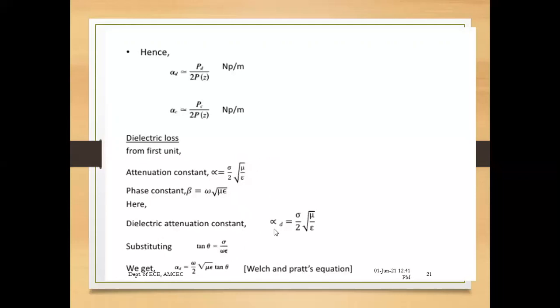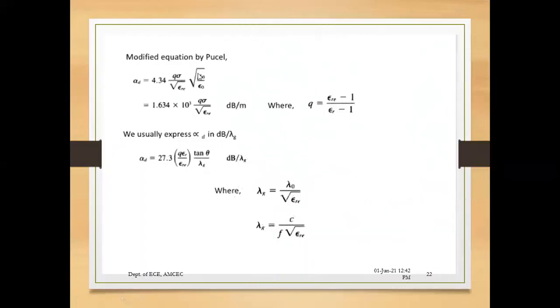Similarly, from this modified equation of Pucel, you will get 4.34 q sigma square root of epsilon Re square root of mu naught into epsilon naught. Substitute the values of mu naught and epsilon naught. You will get 1.634 into 10 to the power 3 q sigma square root of epsilon Re dB per meter, where q is called the filling factor, which is epsilon Re minus 1 over epsilon R minus 1.